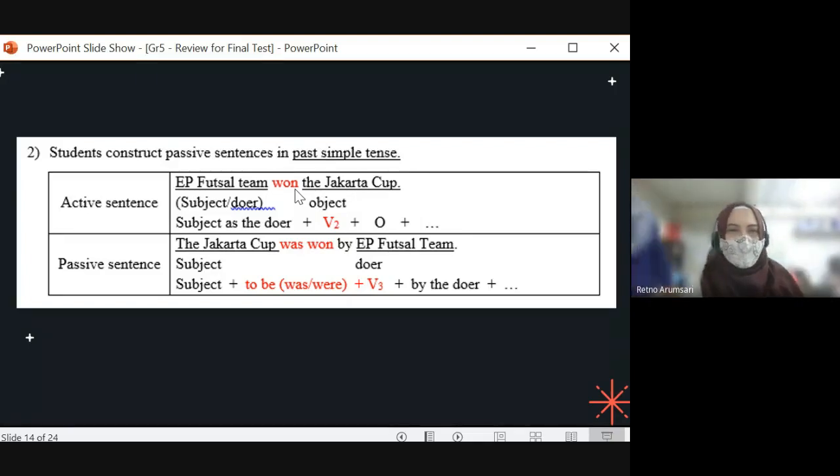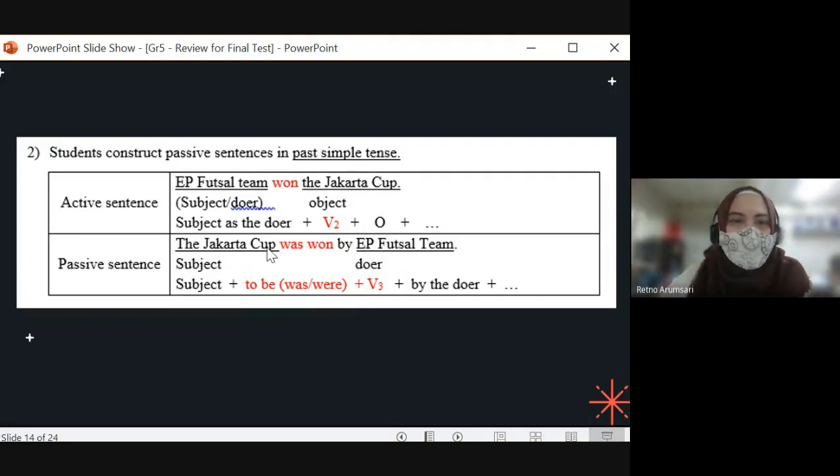And then since you have known that this is a verb two, if you want to change it into a passive sentence, you must choose between was or were. You do not use is or are anymore, right? Is or are is only for present simple. Okay. Now, first, find the object.